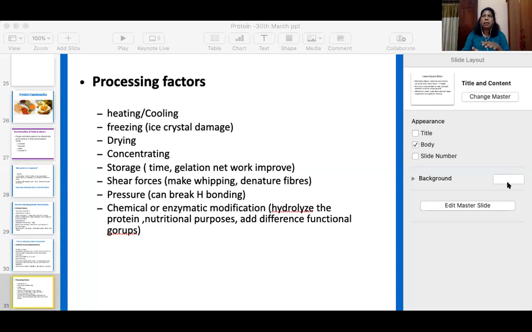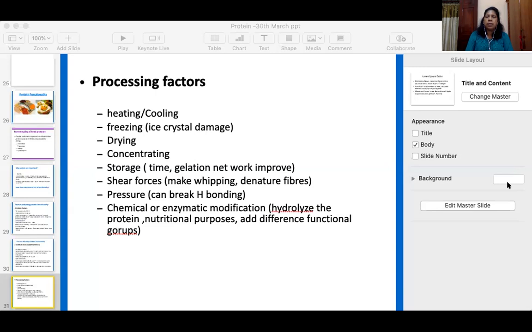Sometimes you use a cream separator. Do you know what a cream separator is? Have you worked with the cream separator when we prepare yogurt? We use the cream separator, right? So what do we do there?